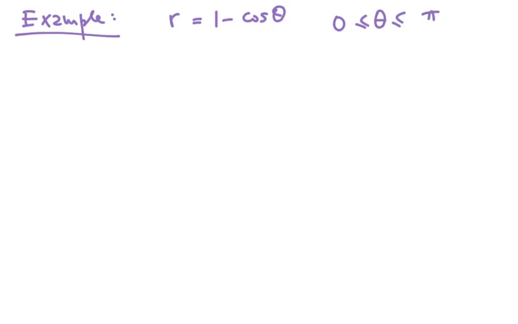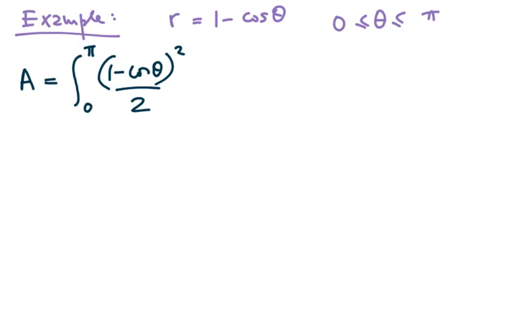According to the formula that we just deduced, the area is going to be equal to the integral from the first angle, which is 0, to the second angle, which is pi. And so here we have to put r, which is 1 minus cosine, squared over 2. R squared over 2 is what goes into the formula.